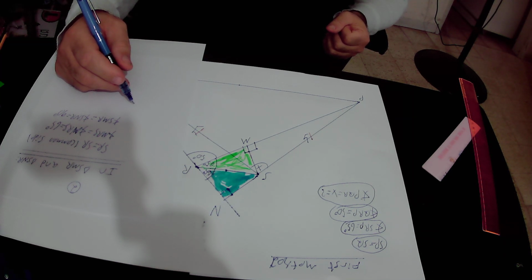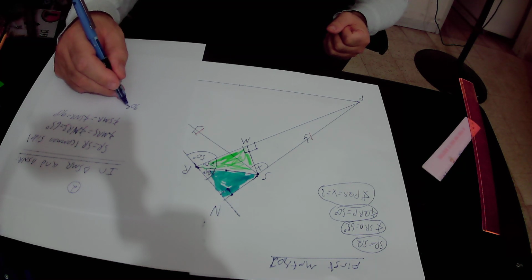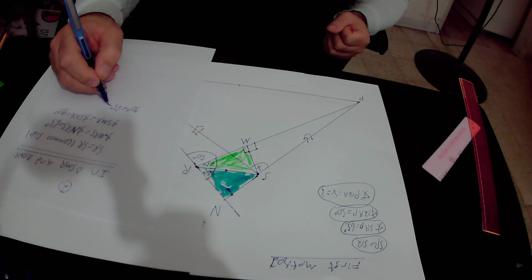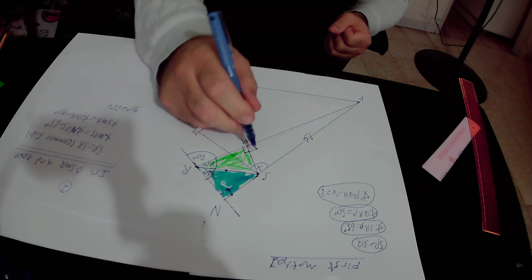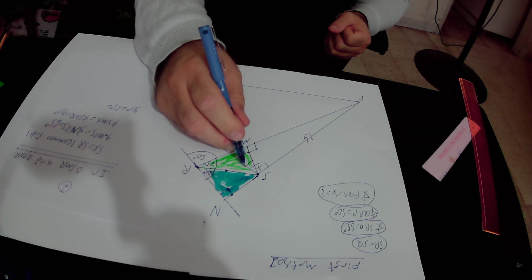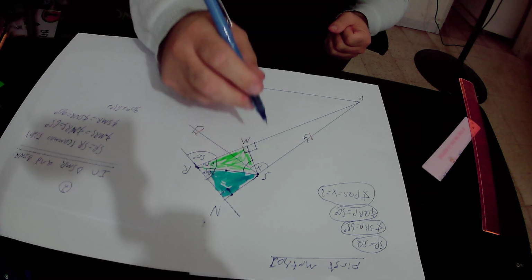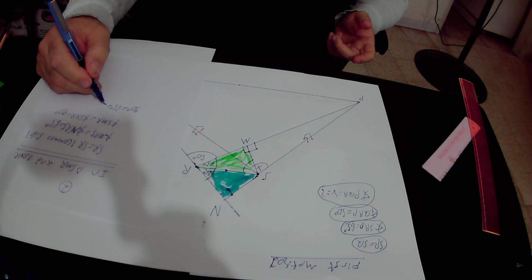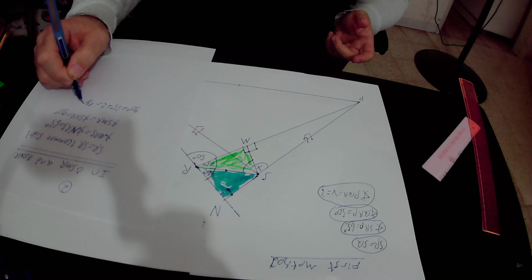The sum of the angles in any triangle is equal to 180 degrees. So 90 degrees plus 65 degrees plus the size of this angle, we will define it as angle Z, must be equal to 180 degrees.